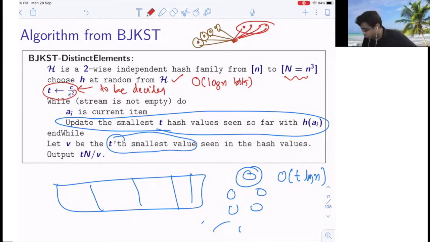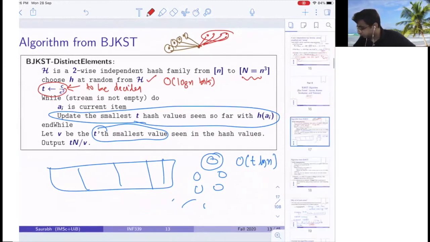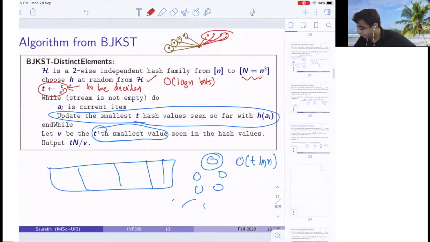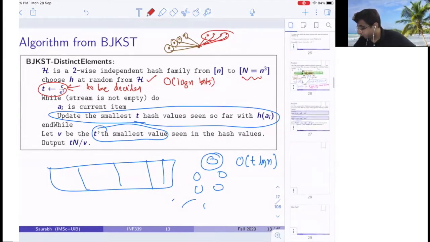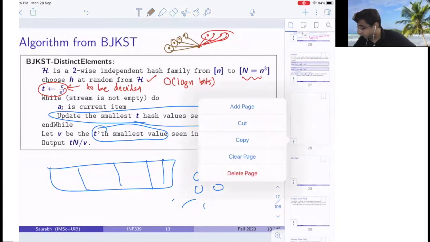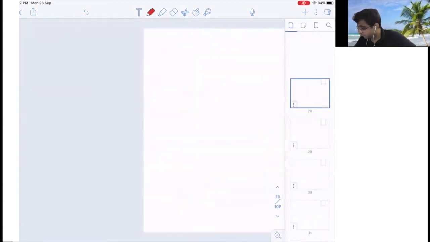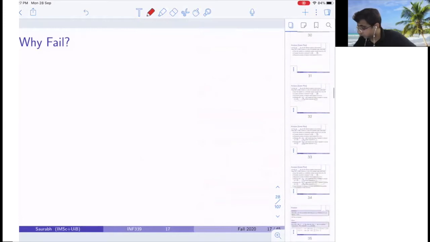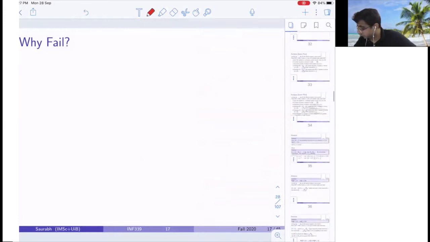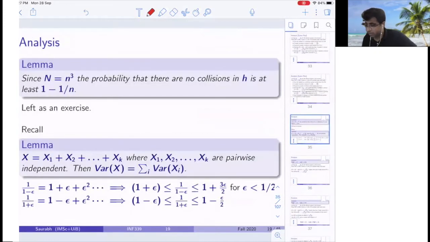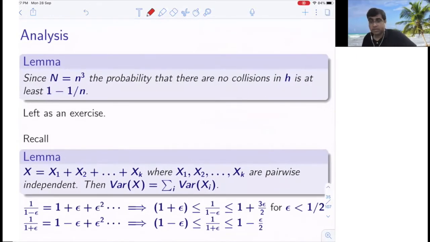But what we can show, which I will not show to you, and I will assume this is a simple exercise, is that since the range is n cubed, the probability that there is no collision in h is at least 1 minus 1 by n.